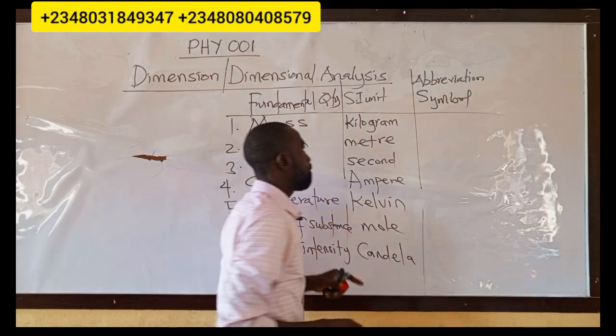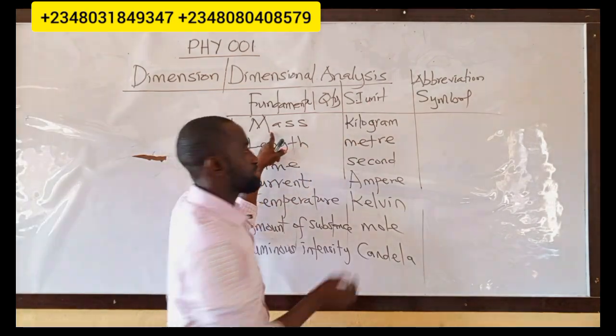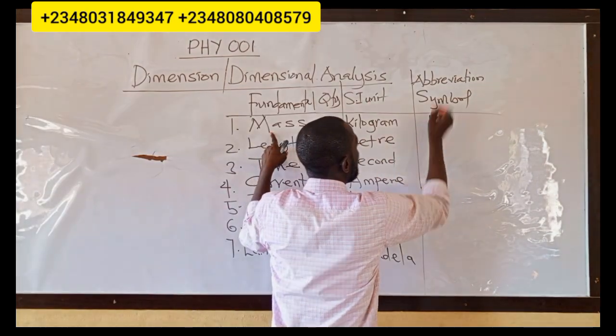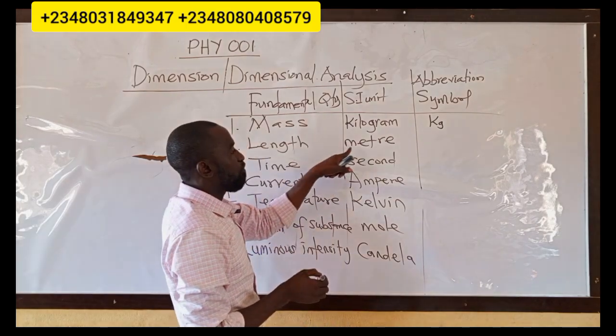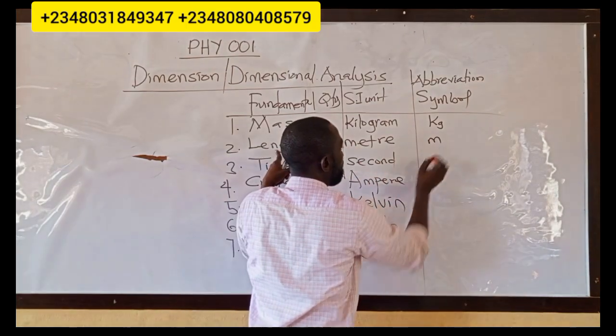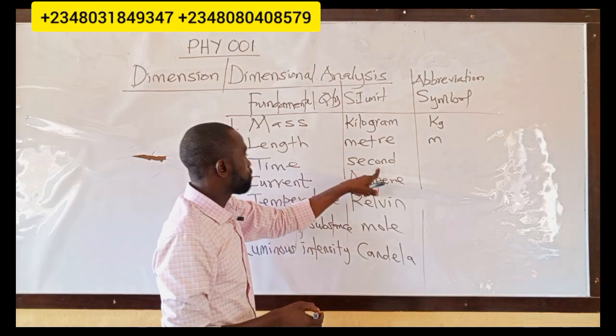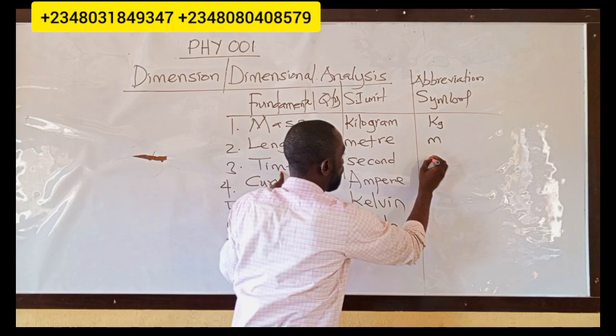Now, what is the symbol for kilogram, which is the unit of mass? It is kg. The symbol for meter, which is the unit of length, is small m. The symbol for second, which is the unit of time, is small s.